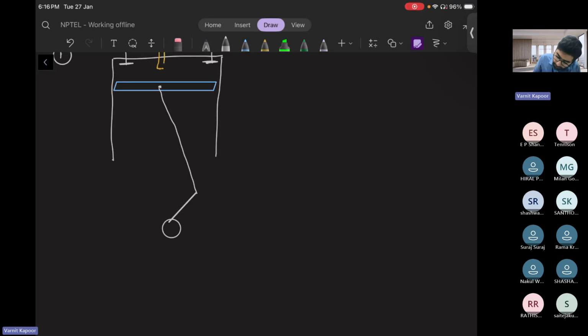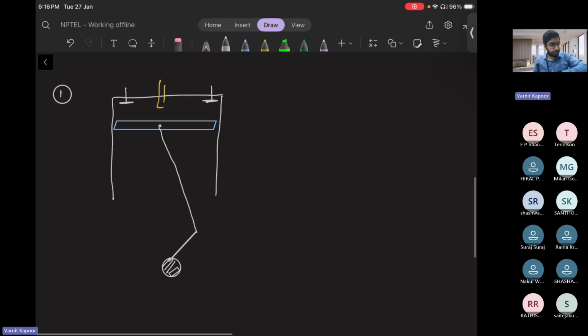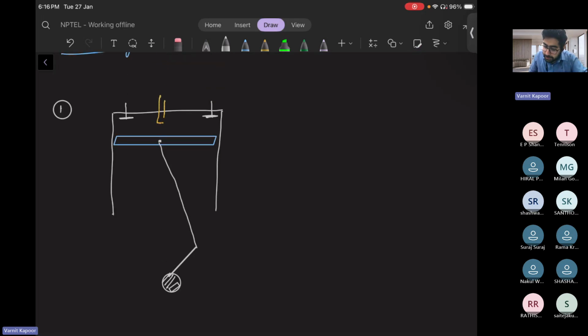Okay, crankshaft. All right. So we have a top dead center. This is called TDC, that is your top dead center. And we have a bottom dead center, from where your piston moves. Okay, from top dead center to bottom dead center.